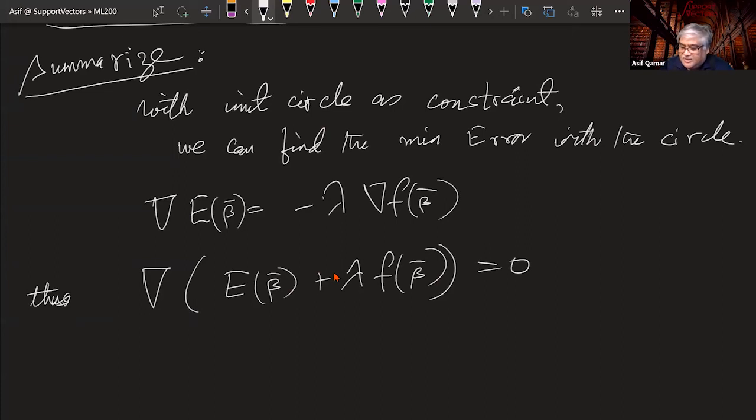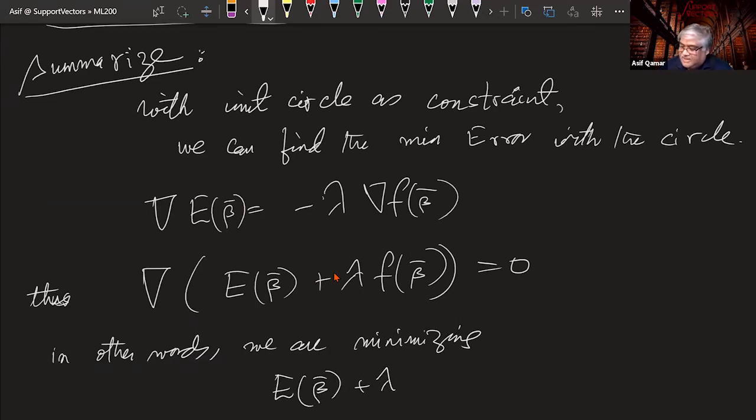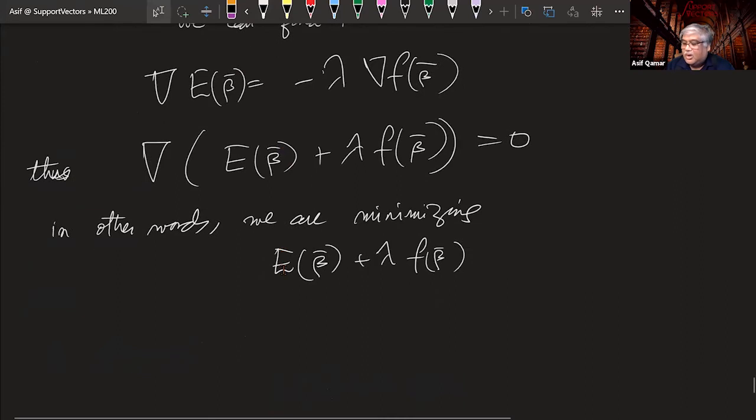And from this, we conclude that, in other words, we are minimizing E beta plus lambda F beta. This is the error function we were minimizing before. Now we are minimizing a different function.